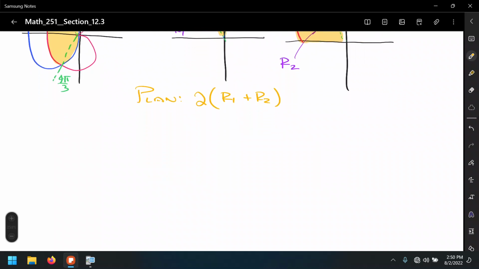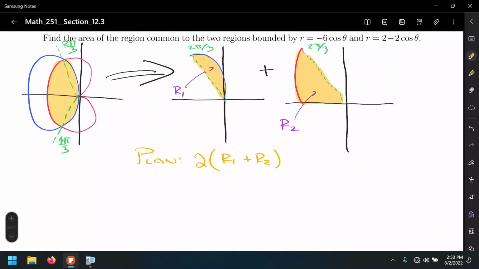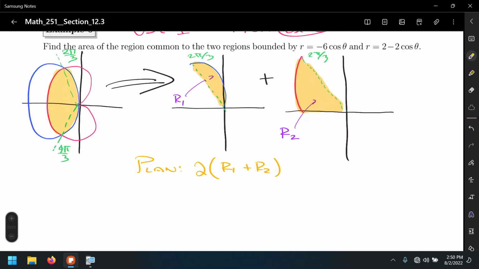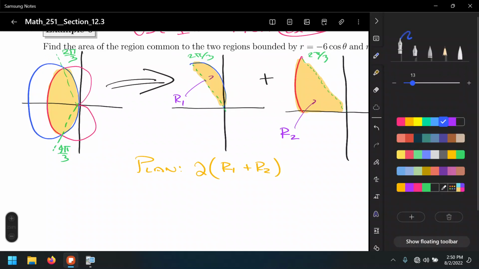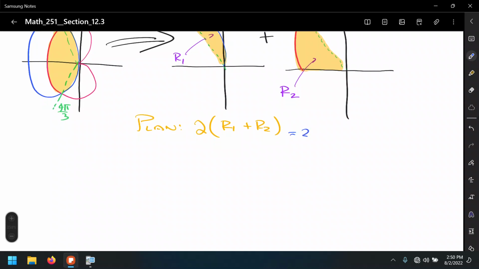So let's set up, okay, never mind. So 2 times R1, that's 1/2 the integral from pi over 2 to pi over 3.